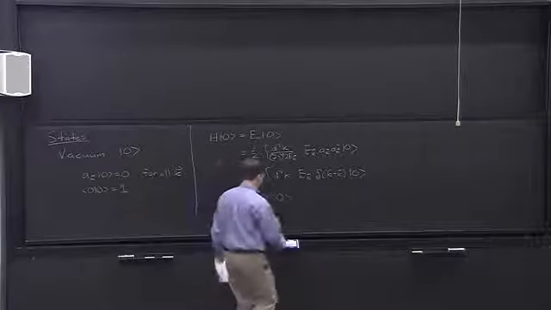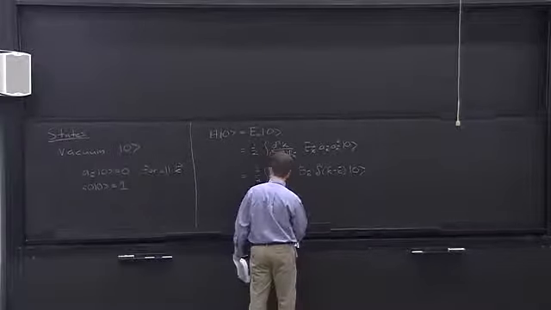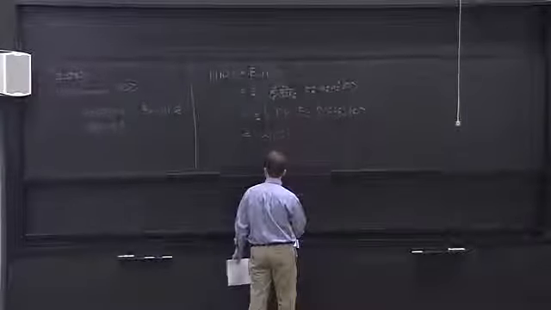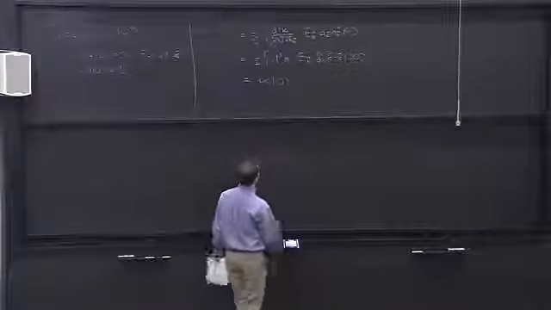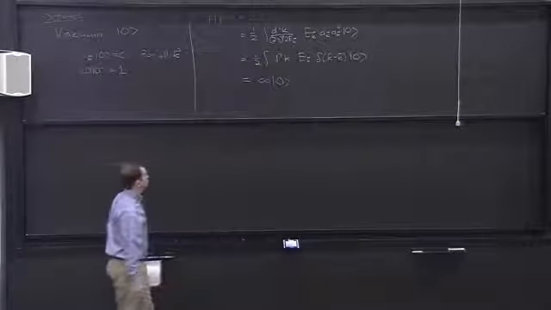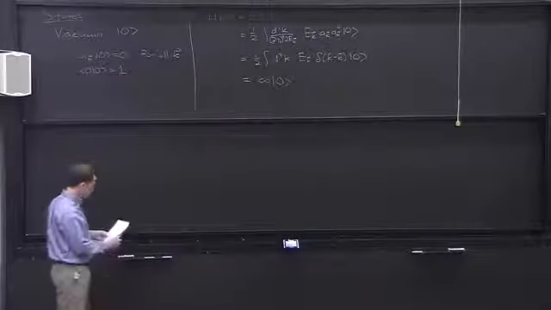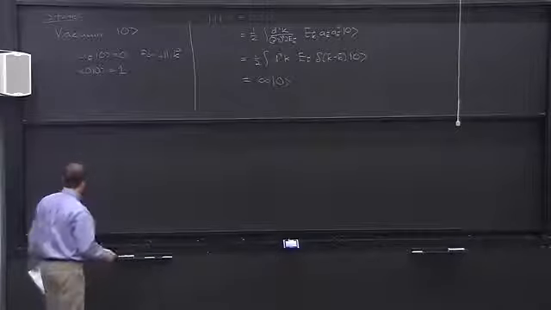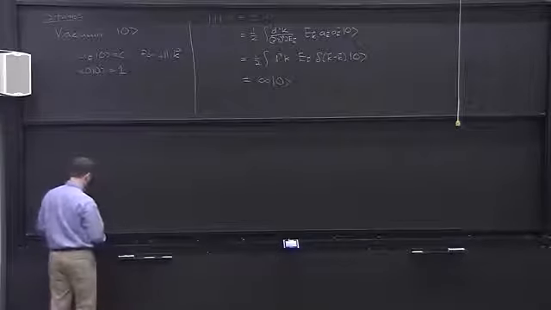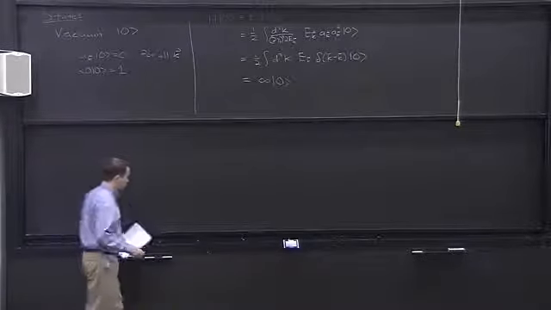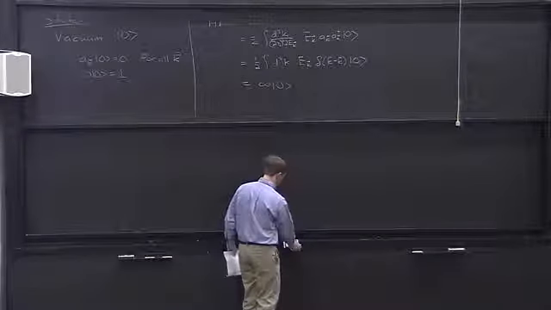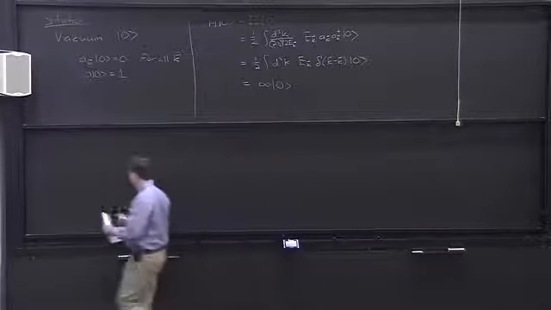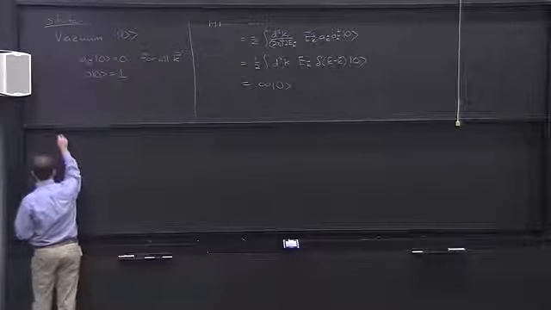Okay, so what's going on here? There are actually 2 different infinities, and so let's try to understand them one at a time. The first infinity is what's known as an IR divergence.